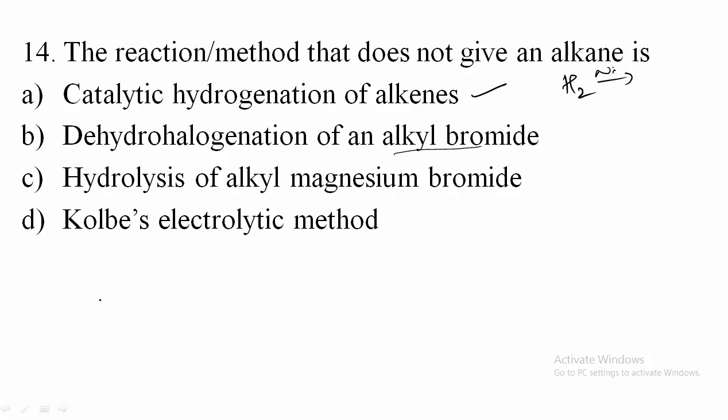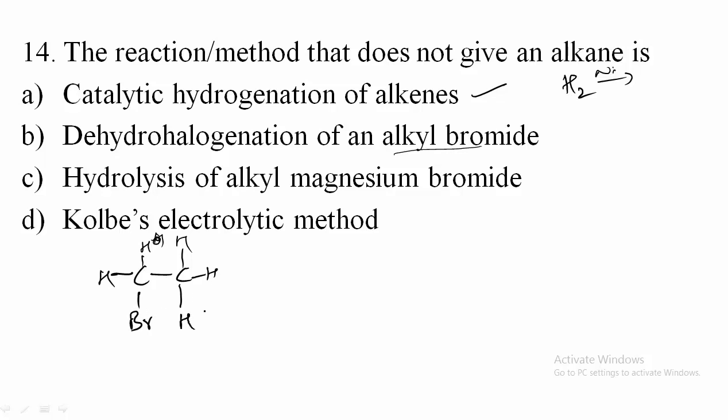So how can we represent this dehydrohalogenation? Simply take an alkyl halide. Here they have taken alkyl bromide. So just write down C, these are H, and Br.